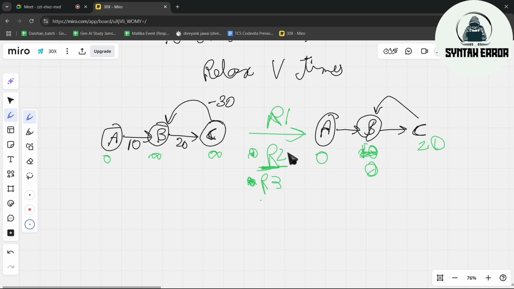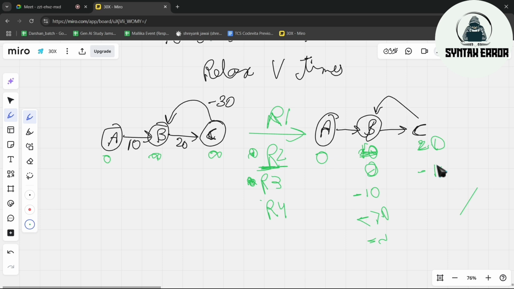Now you write 20 minus 30, it becomes minus 10. Again minus 10 minus 40 becomes minus 40, then minus 60. It goes on increasing in the negative direction. This cycle won't stop. That's why it is called a negative cycle.